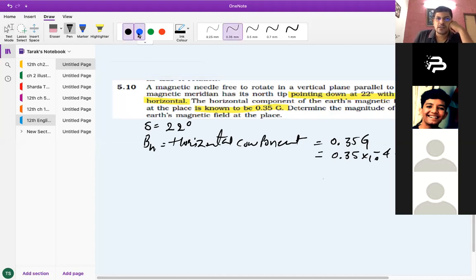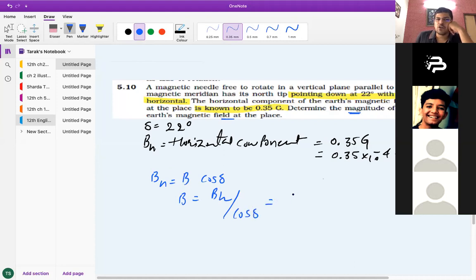Now we want the magnitude. B of H is equal to B cos delta. What we want is B, so that is why we have B of H divided by cos delta.